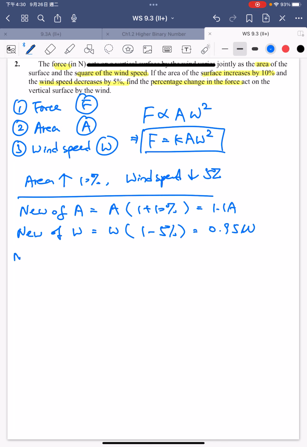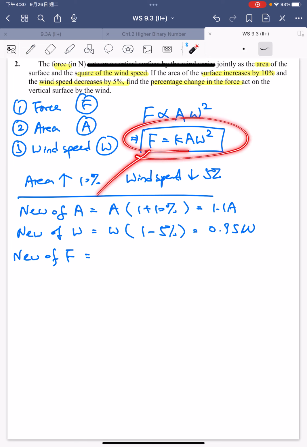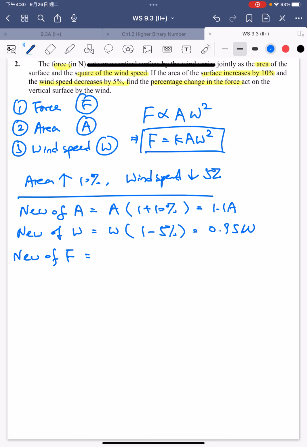So now we can find the new value of force using this formula. We change F to the new F, A to the new A, and the wind speed to the new wind speed. Then we have K times the new area times the new wind speed squared. Substituting the values back, we get K times 1.1A times 0.95W squared.